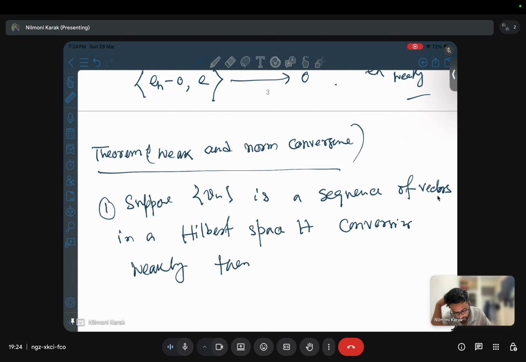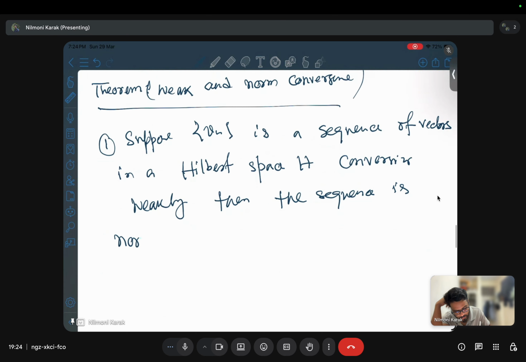Then the sequence is bounded. This is needed in an assignment problem, and the proof is very simple.